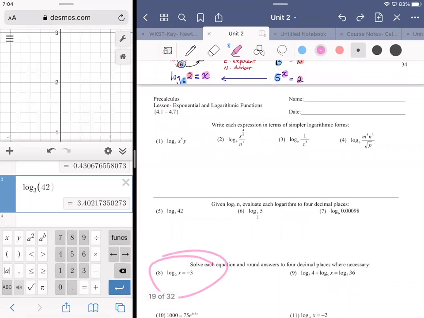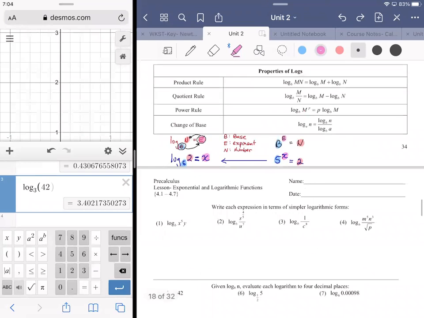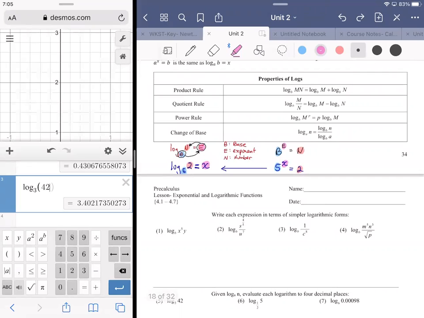But when you have instances where you have to solve equations and simplify, we have to use some properties of logs. One of which is the product rule. We also have the quotient rule, the power rule, and then the change of base formula. Change of base we'll worry about down the line, but for now, the product, quotient, and power rules are really important.